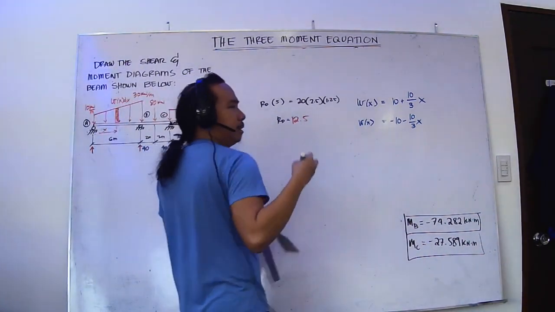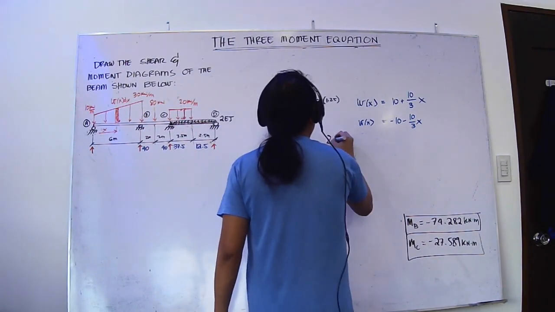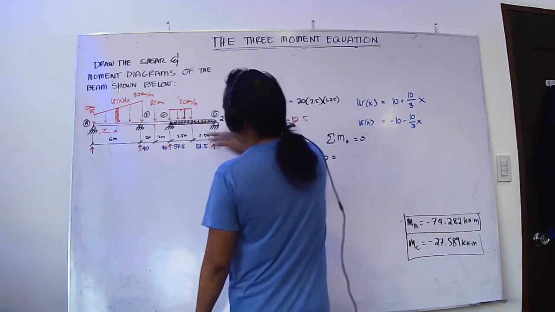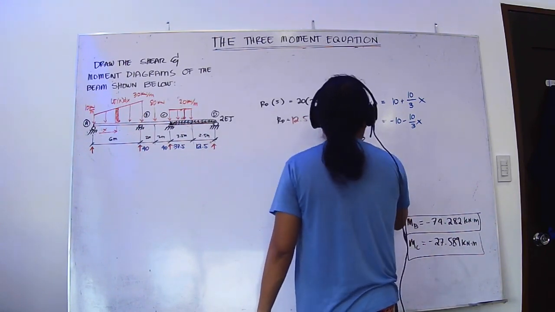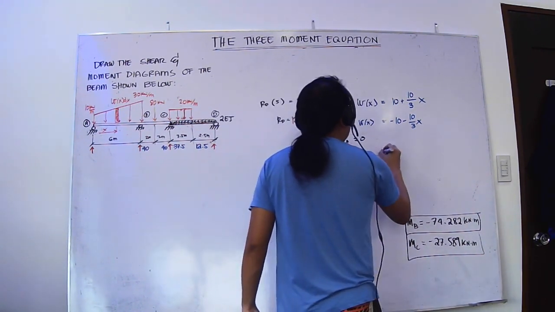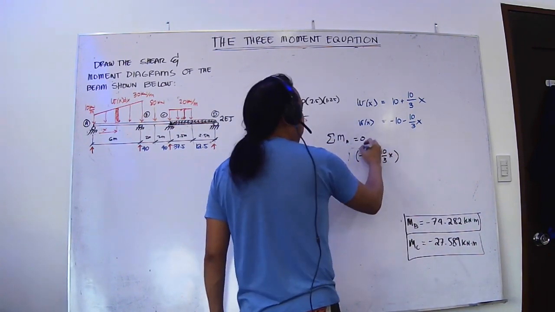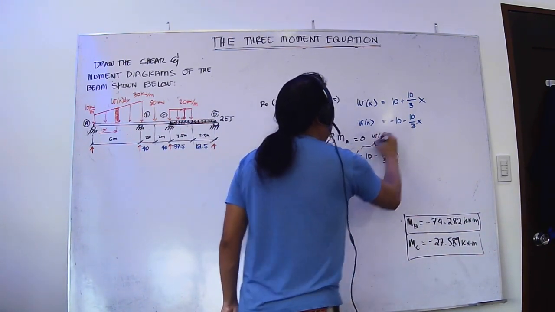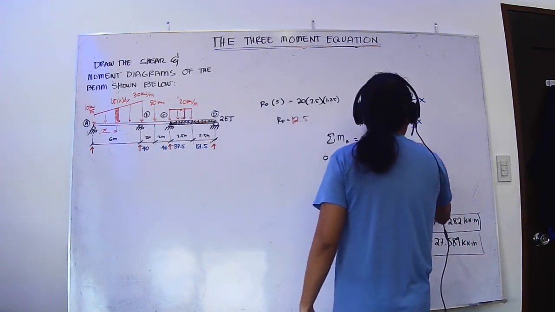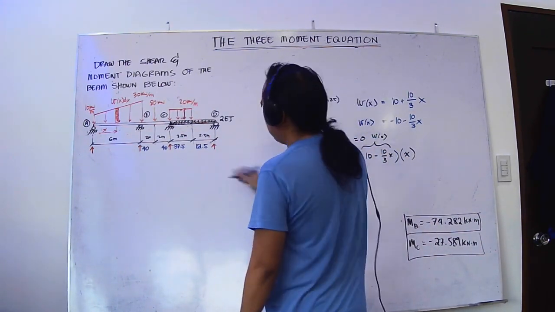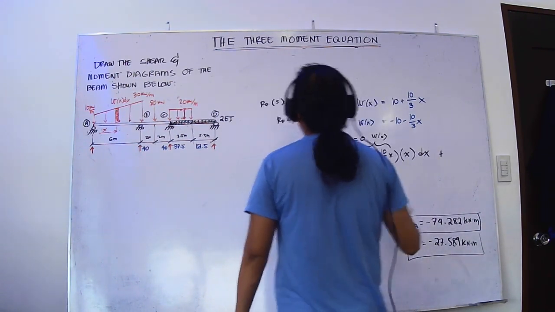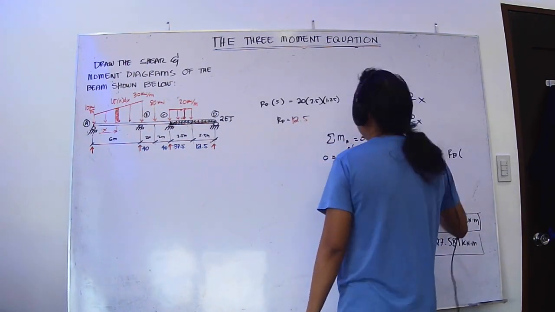I'm showing you a technique. Summing up moments at A is equal to 0: the integral of w dx times x, where w is negative 10 minus 10 over 3x, multiplied by the moment arm x, integrated from 0 to 6 dx, plus RB times 6.